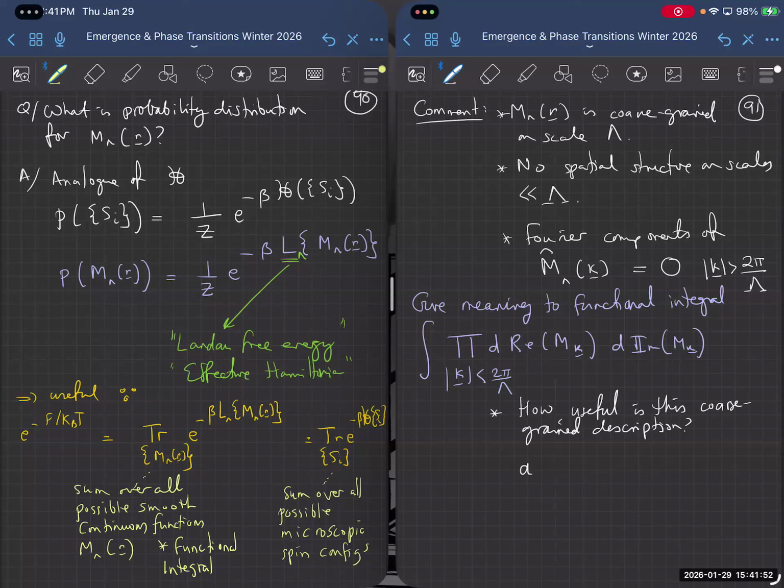We are coarse-graining on a scale which is larger than the lattice spacing, but still smaller than the system size.